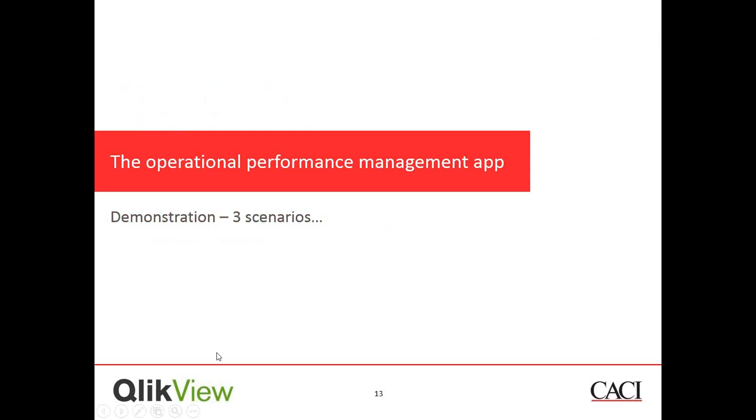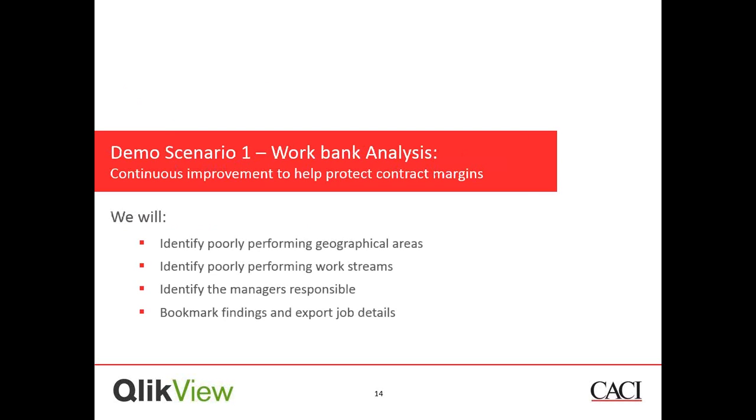So as we've spoken about, I'm going to demonstrate a few different scenarios in the operational performance management app. The first one that I'm going to look at is workbank analysis, which I guess we're just looking at continuous improvements to help protect contract margins.